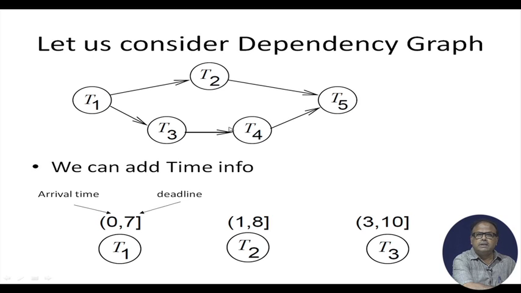That means, for example, T5 can start only after both T2 and T4 complete. T2 can start only after T1 completes. So, this is a dependency graph by which you can show the different components.